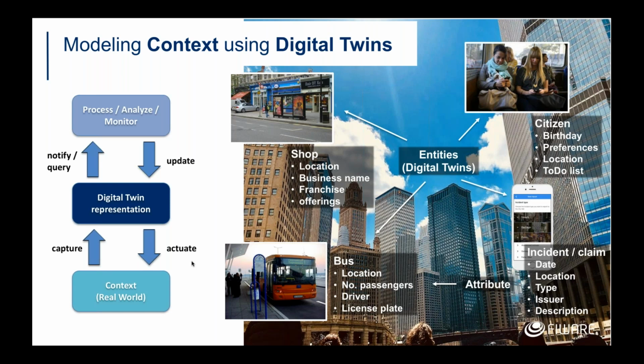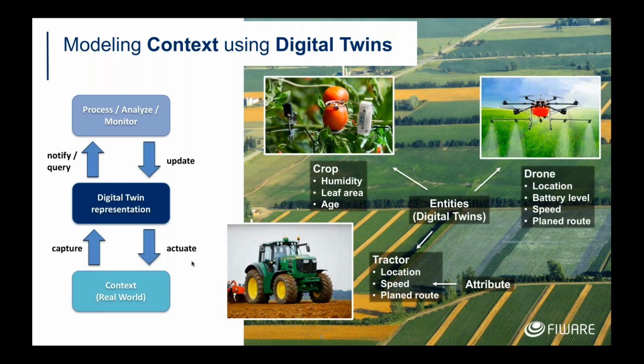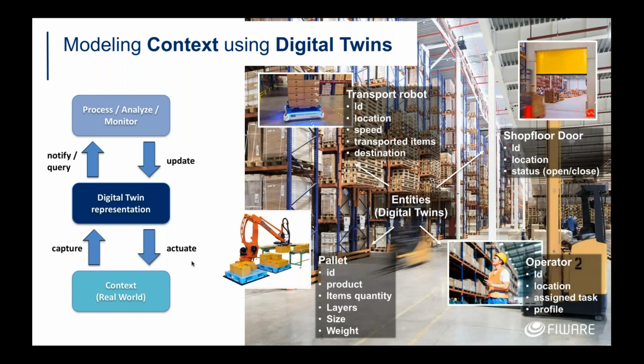This may in turn create an actuation, an update on the real world, and therefore within a sort of constant feedback loop that provides the basic essential pattern of any powered by FIWARE solution. And this is a pattern that applies to cities, but also in agri-food or in manufacturing. Of course, entities being different with different attributes.